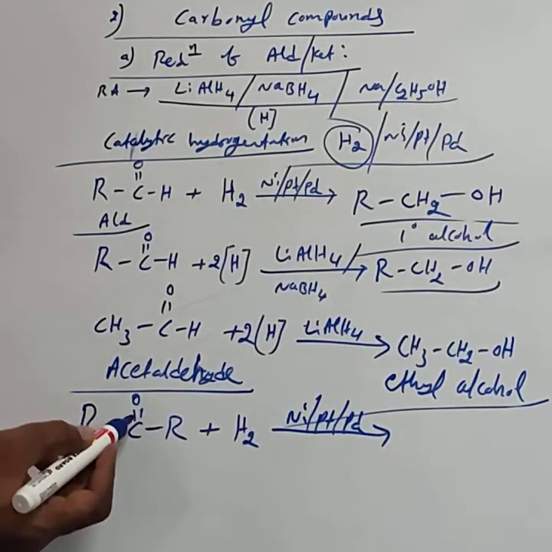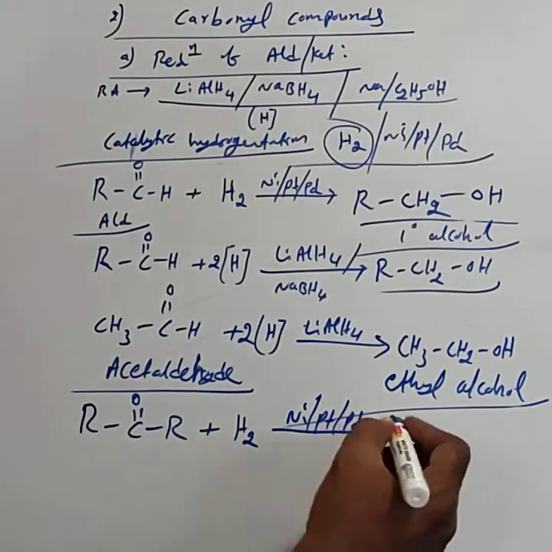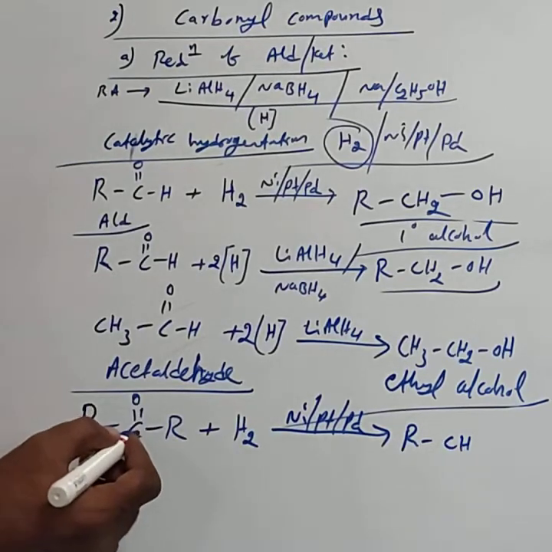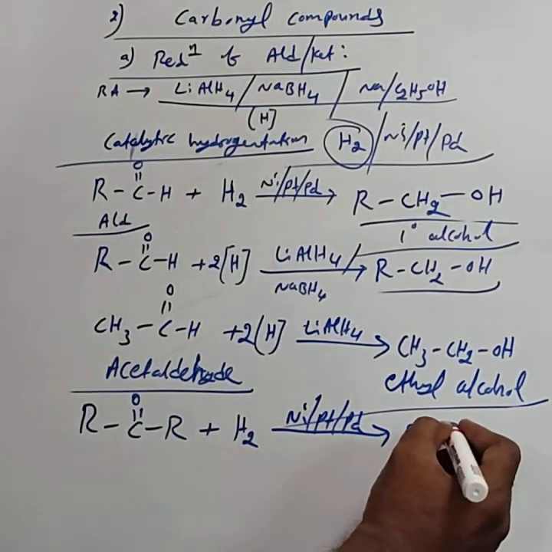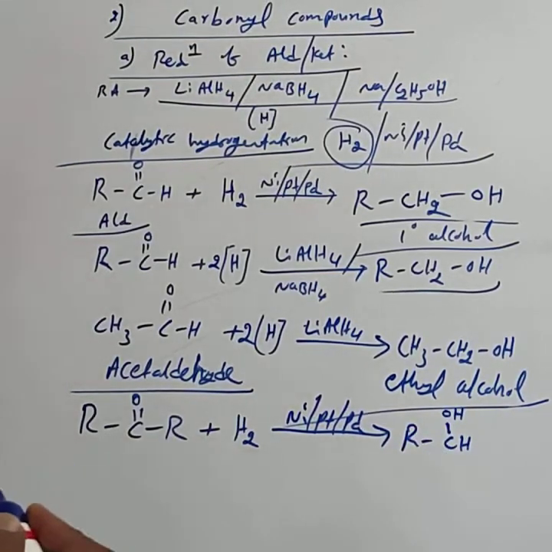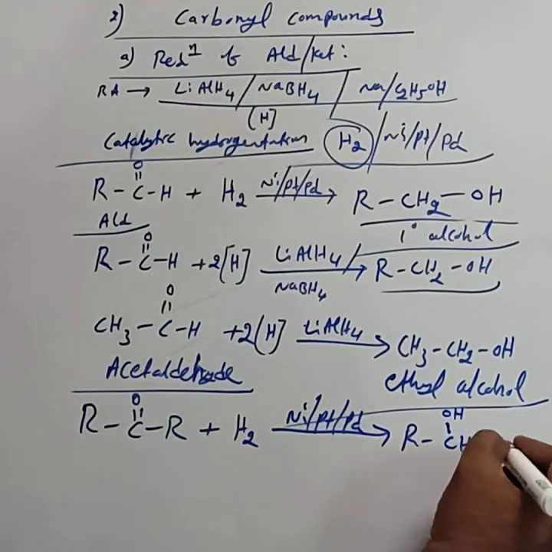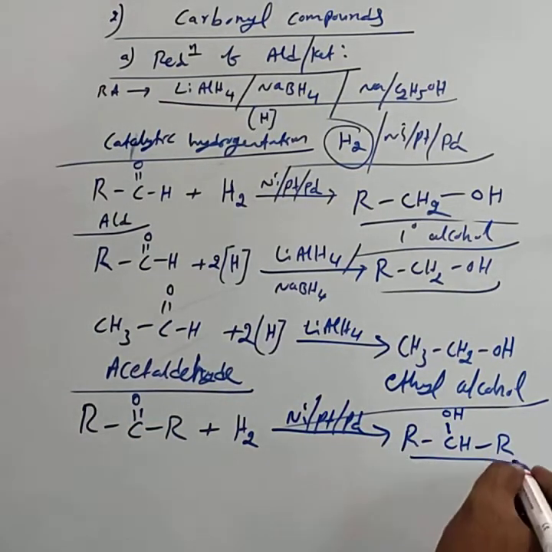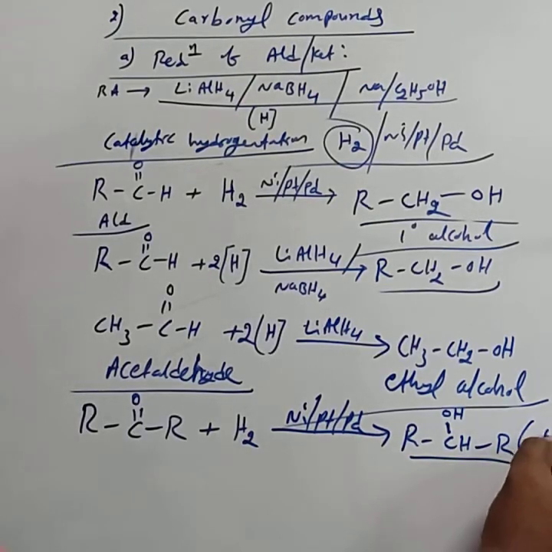Across the double bond, hydrogen gets added, the double bond is converted into a single bond, and O is converted into OH, giving RCHOHR. You observe the structure: this is considered a secondary alcohol.